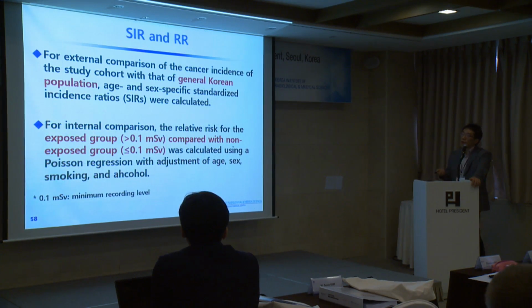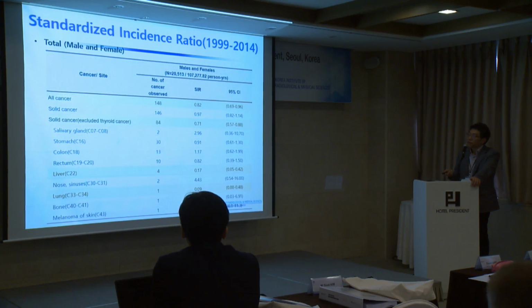Now we calculate the SIR, which is the age- and sex-specific standardized incidence ratio, and also relative risk. For relative risk, we use internal comparisons. Those exposed to less than 0.1 millisievert of cumulative dose we consider as the internal comparison. So this is the SIR, standardized incidence ratio.